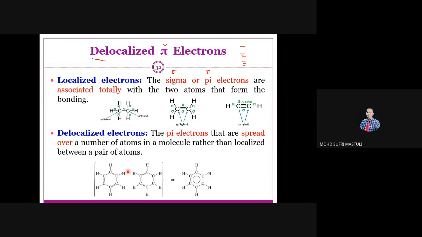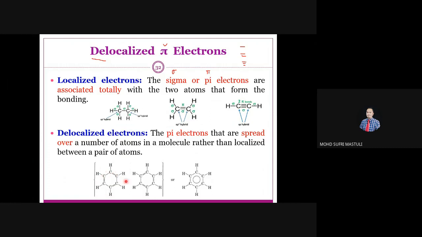As you can see, all the sigma, either the sigma between the carbon and hydrogen, or the sigma between carbon and carbon, the sigma components are localized. However, if you observe carefully the double bonding, as I mentioned just now, a double bond has a sigma and a pi.